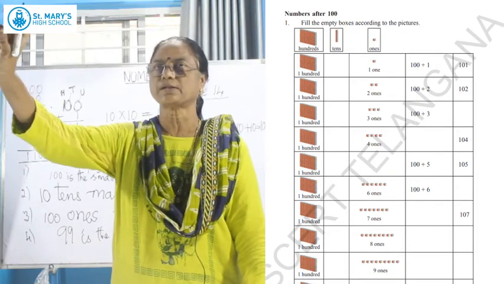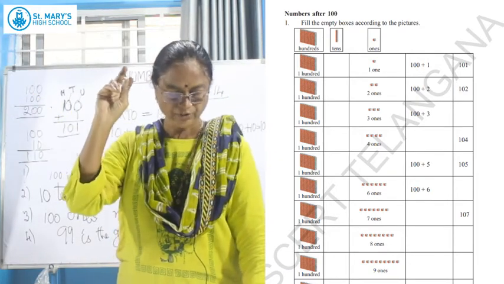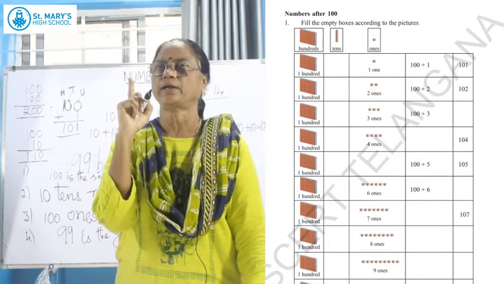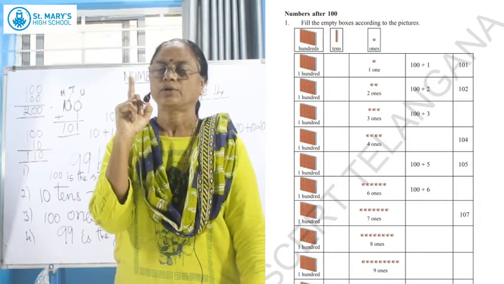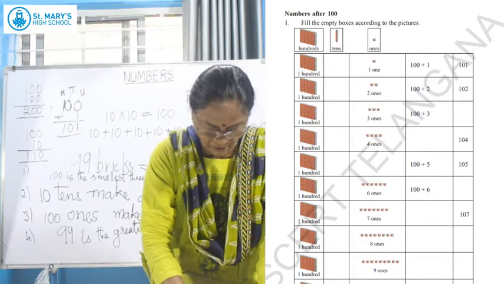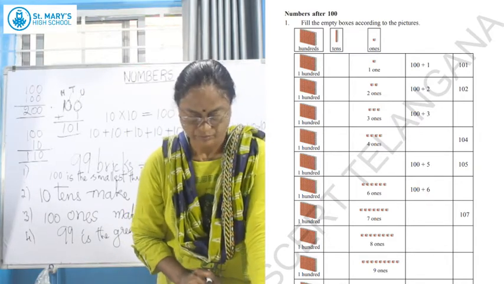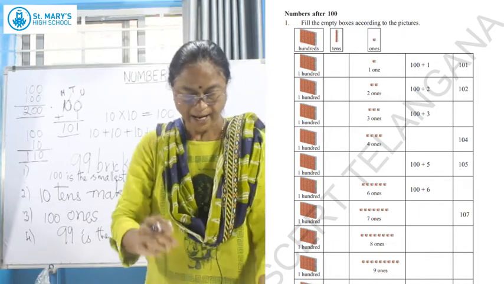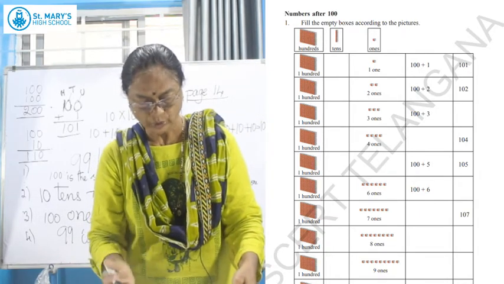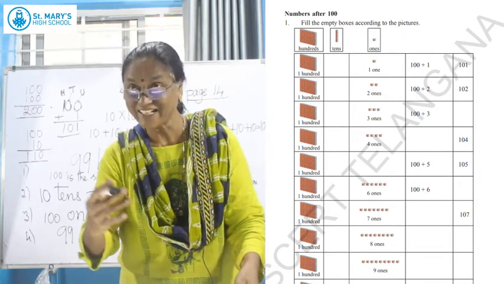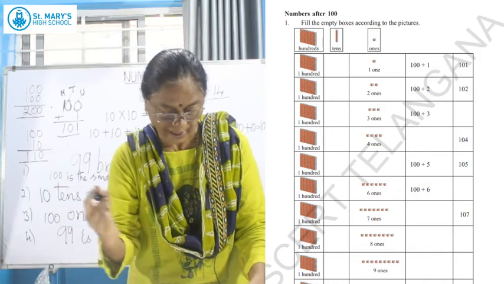The first picture is done there. What do you have in the first picture? 100. Okay. So, that down line fully 100 you have. Understood? And in the empty box, you need to write how many extra bricks are there. That you must write here.